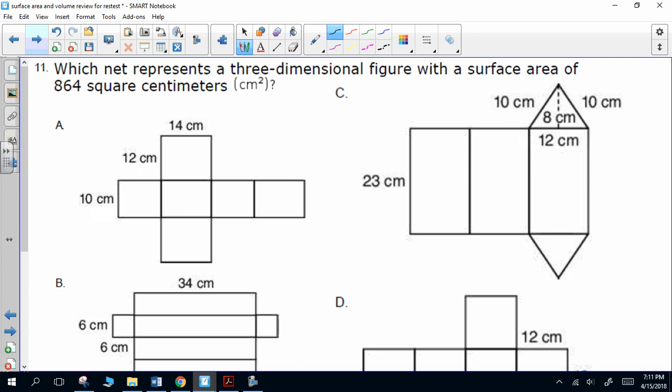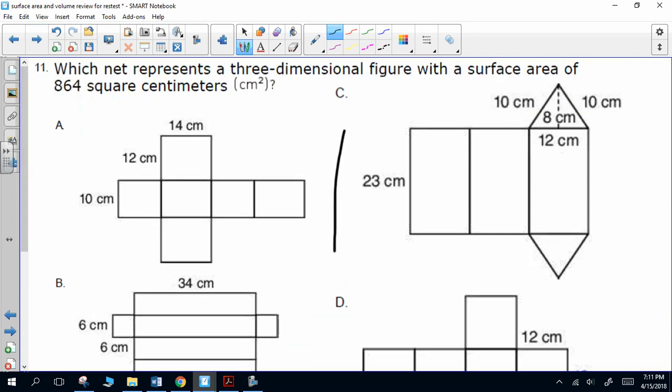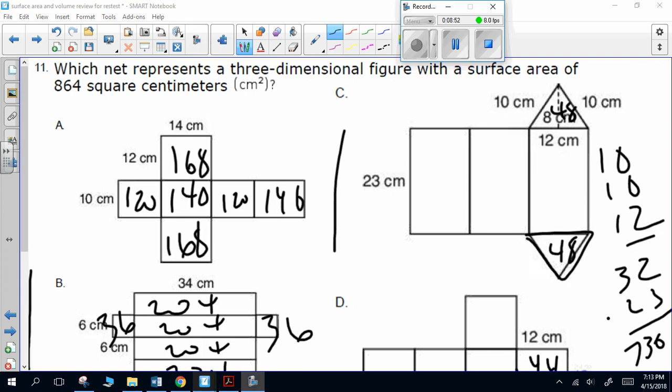Surface area of 864 square centimeters. So if I look at this, okay, so I filled in the numbers on this one. So I'm looking for 864 square centimeters. So I've got 120 plus 120, that's 240, plus 280.